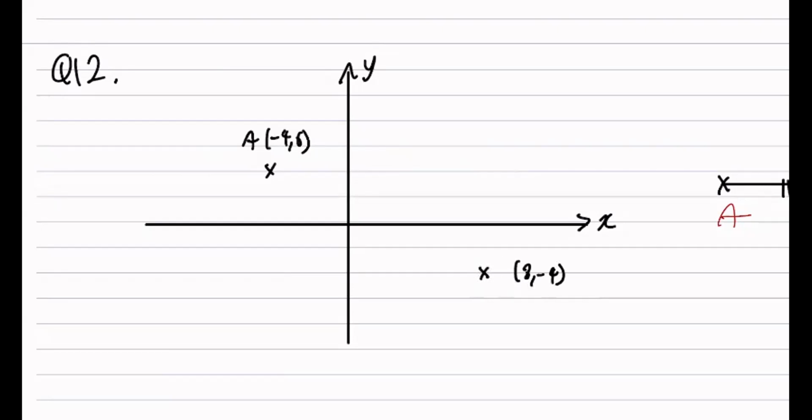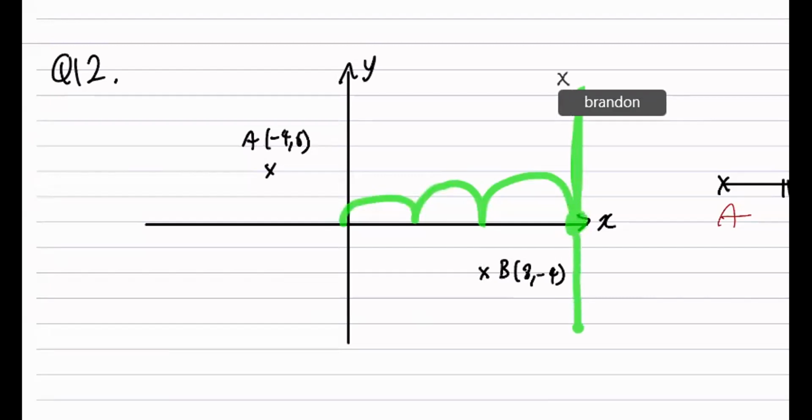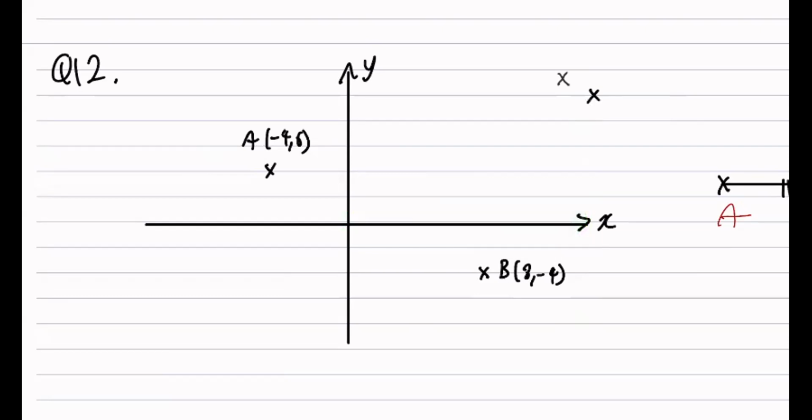How about your point C? 12, point C. 4, 8, 12. And 16, go up or down? Somewhere high up, right? So roughly (12, 16).